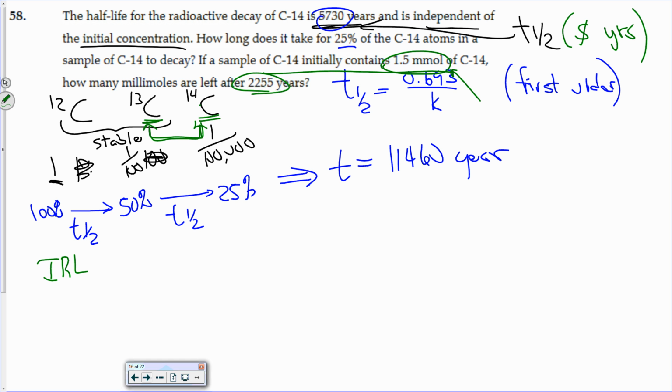Because I know that the half-life is 5730 years, I can rearrange this for K. So K is equal to 0.693 divided by the 5730 years.